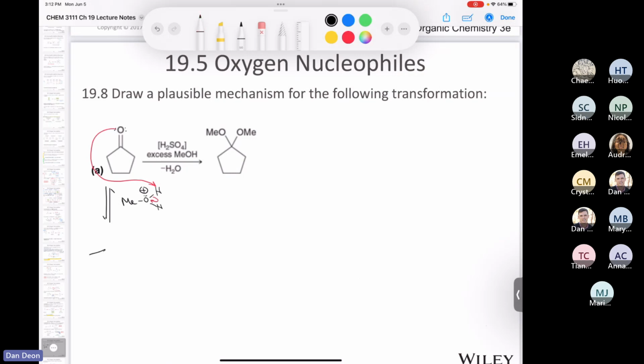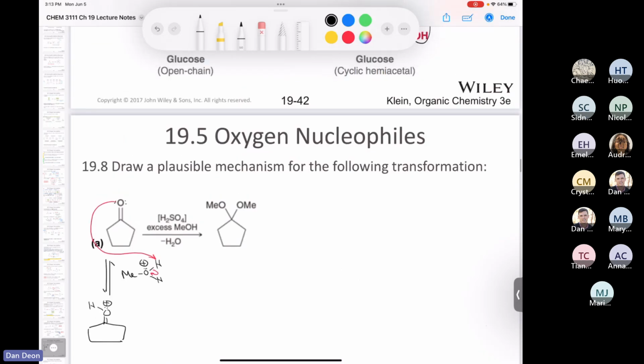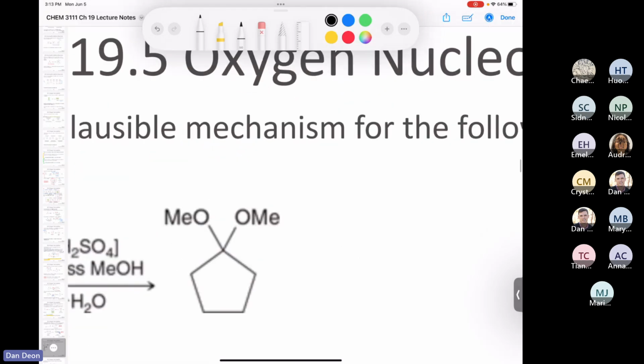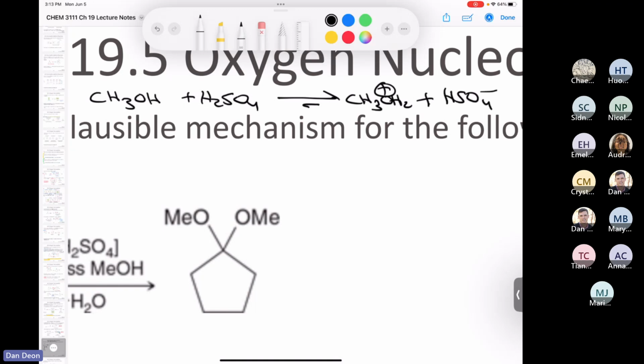So let's do that. Let's draw the oxonium. It's going to look something like this, okay? And now, remember, there's always going to be an equilibrium. Let me just write it down here. Because you've got methanol plus sulfuric acid, and there's an equilibrium between the protonated form of methanol and the hydrogen sulfate ion.